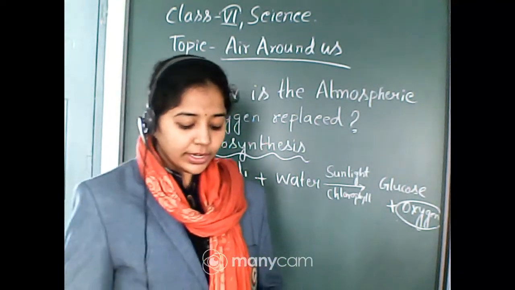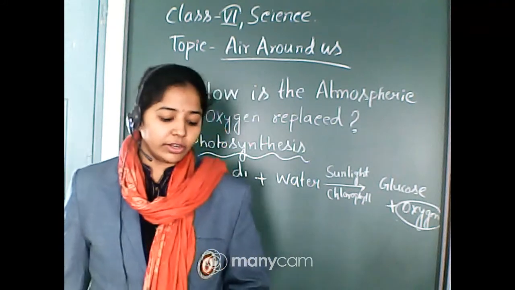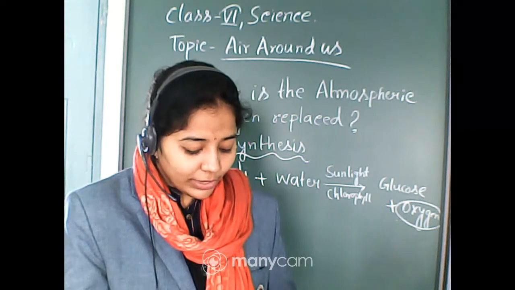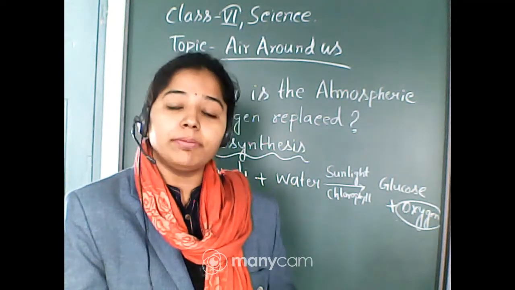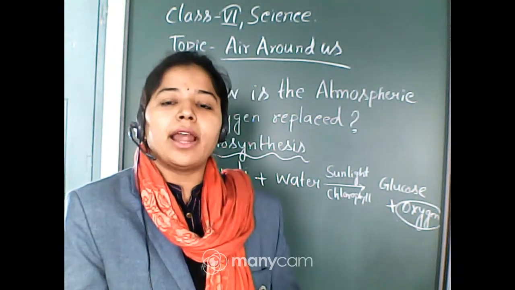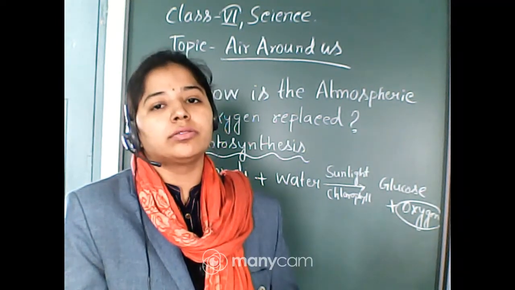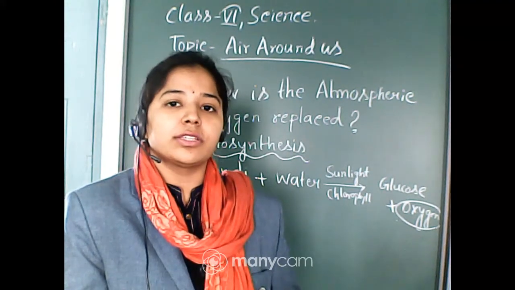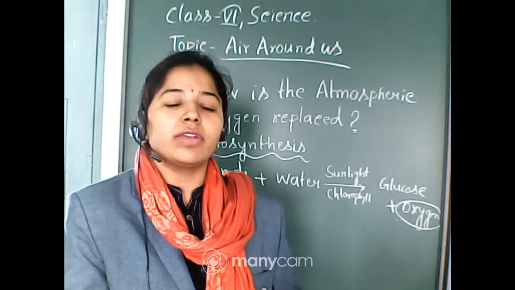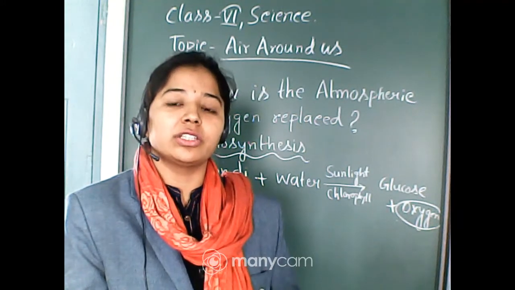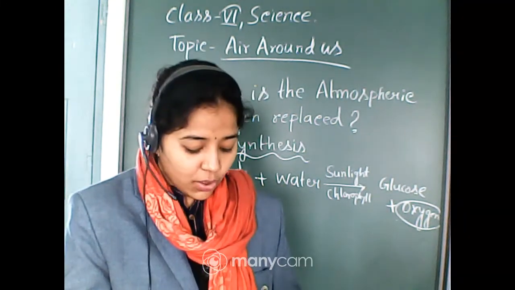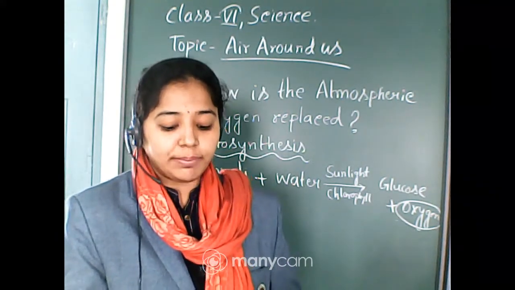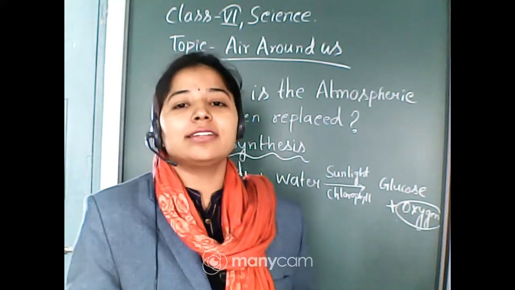Now the next point, which is already in your book in the second paragraph of 15.4, page number 152. It is obvious that animals cannot live without plants, and animals and plants interact with each other in the exchange of gases, and they are interdependent in every aspect. The balance of carbon dioxide and oxygen in the atmosphere is maintained through the respiration in plants and animals.